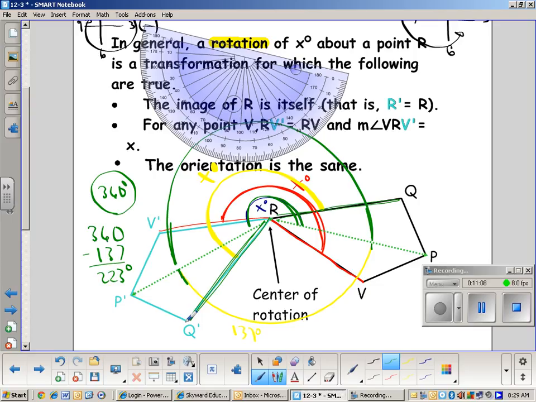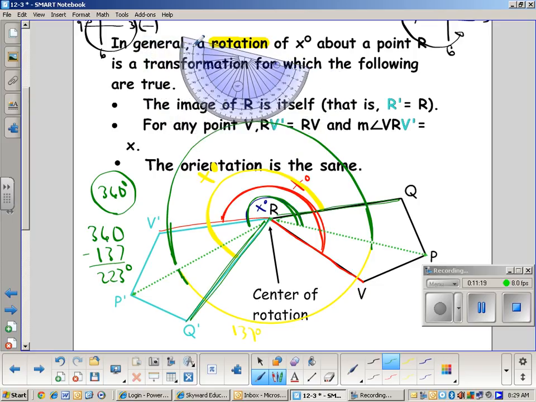You can connect any of them, okay? For any point V, RV prime is equal to RV, and the measure of angle VRV prime is X. And that's what we're just saying.